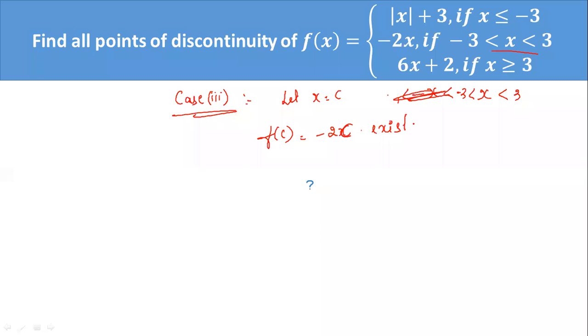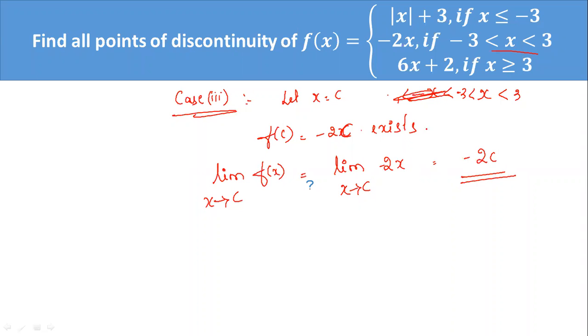Okay. Fine. Then you have to check what is limit f of x as x tends to c. So what is f of x? f of x is nothing but minus 2x as x tends to c. So that is minus 2c.